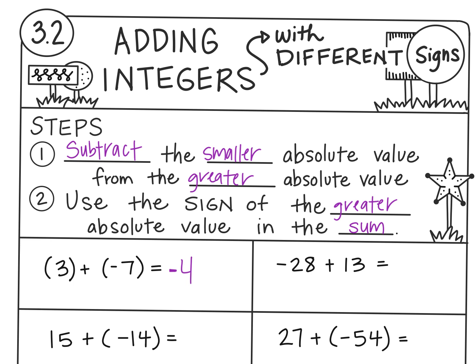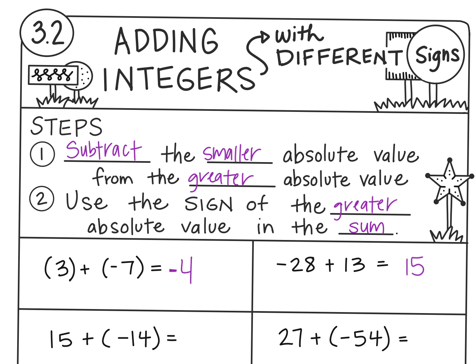Okay, this time look at my numbers. I have negative 28 plus 13. What are the absolute values of negative 28 and 13? 28 and 13. So I'm going to pretend like I have no symbols right now, and I'm just going to subtract 28 minus 13, which is 15.